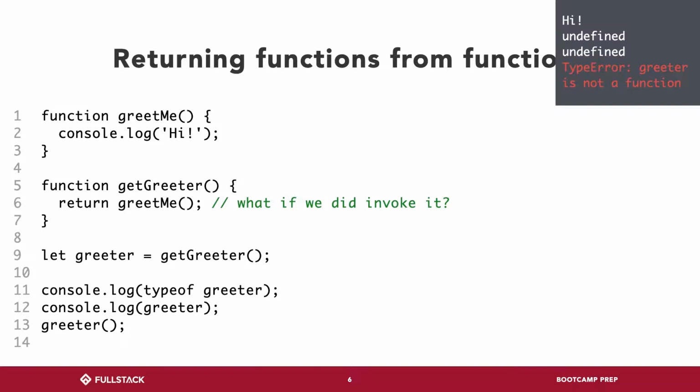You see how just invoking greetMe here just ruined everything? It's because returning the actual function schematics versus the return value of that function, meaning when you invoke the function, you get completely different things.